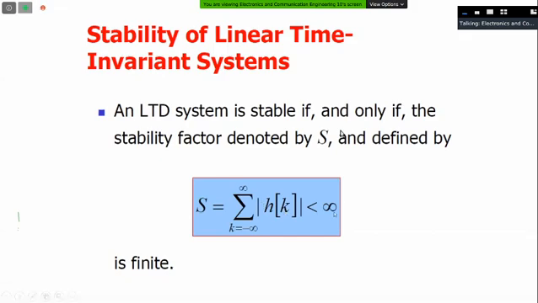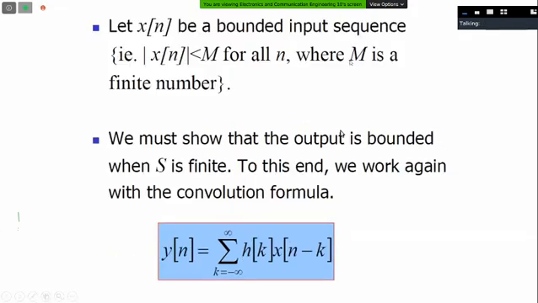Meaning, if the summation of the mod values of the sequence is less than infinity, then we will say that the system is stable. Let's see further how can we.